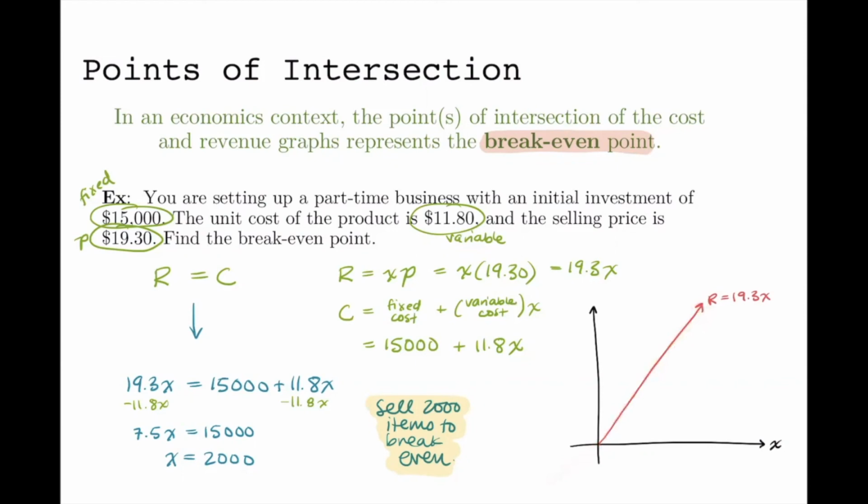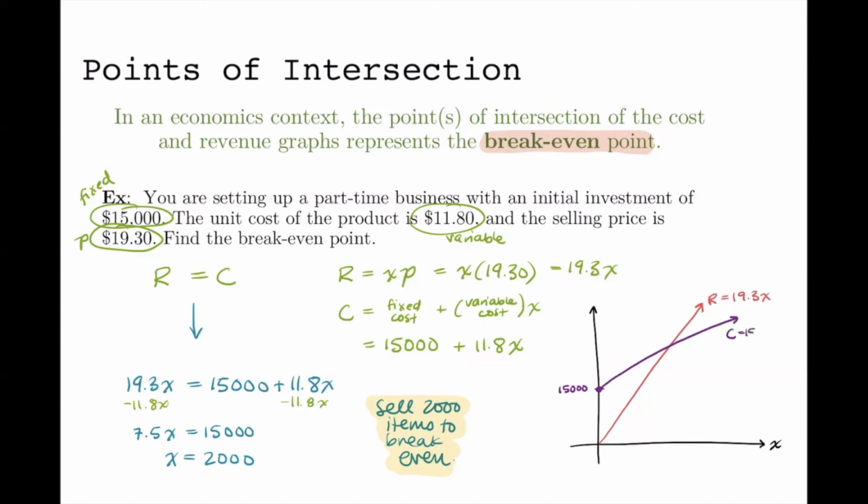Now, our cost equation, again, we will review linear equations, but this is the y-intercept and this is the slope. So for the cost equation, if we sell 0 items, we still have to pay $15,000. So the cost is going to look like this. Maybe here is the 15,000. It doesn't rise as steeply as the revenue does, so it might look something like this.